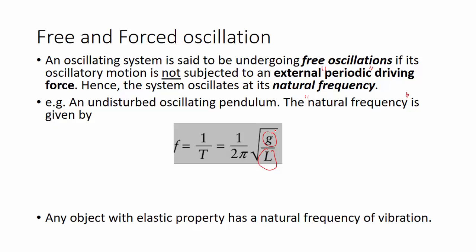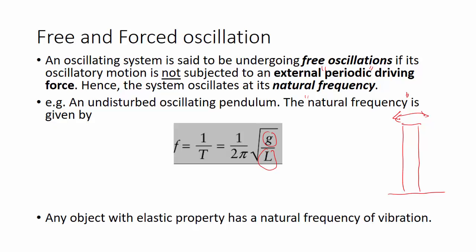Even a tall building, for example a 50-story tall building, can have a natural frequency as well. If a strong wind or earthquake were to occur, this building is able to oscillate sideways.